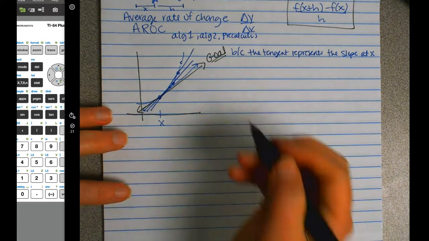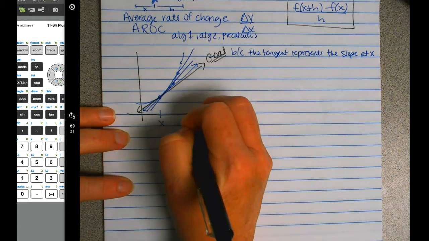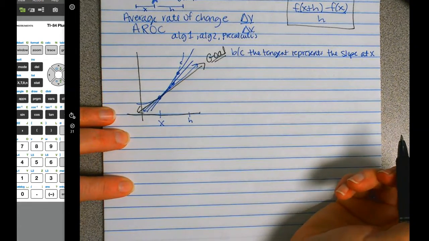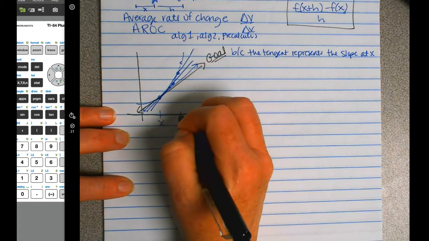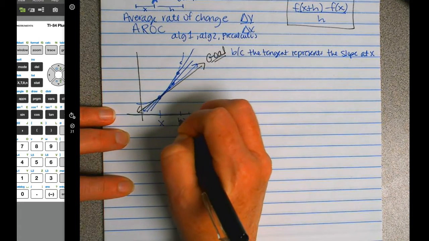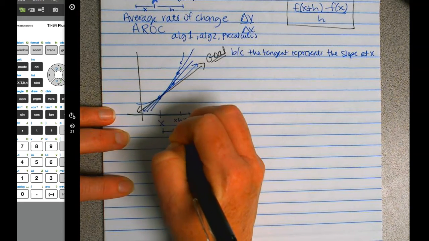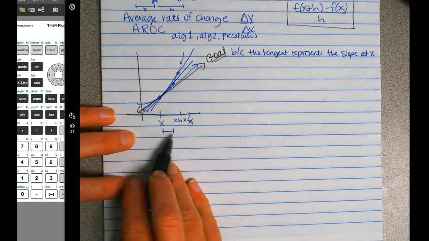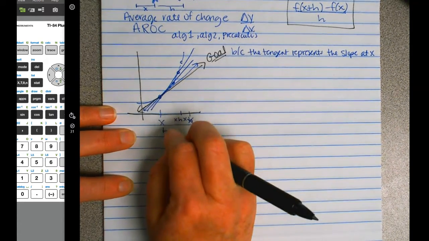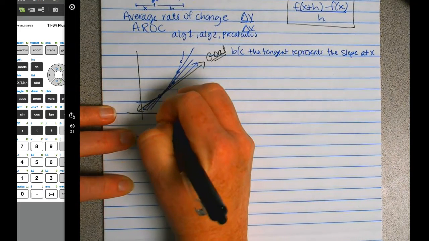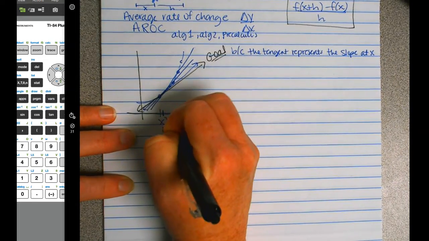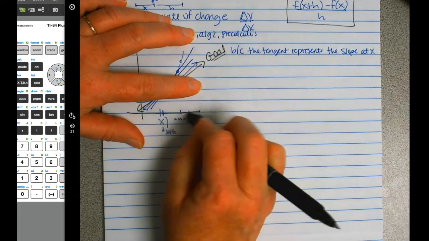So what we're doing every time is we had an h that was out here, and then we said, what if we moved h over here? And then what if we moved the x plus, so it's really x plus h, right? We made this distance this far, and then now we shortened it, and we shortened it, and we shortened it, and now we're looking at a dot right here that's x plus h right next to our x.